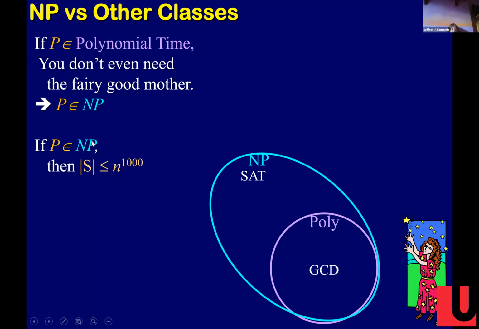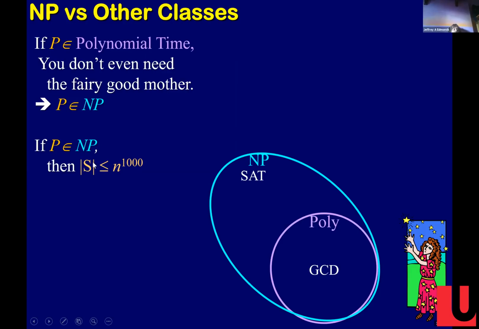All right, so here's another question. If a problem is in NP, then one of the points is that the size of your solution can't be bigger than some polynomial in the size of your input, right? So let's say n is the size of your input, then the solution can't be bigger than n to the 1,000. Why? Because if the fairy godmother gave you a solution, you need to be able to check it in polytime.